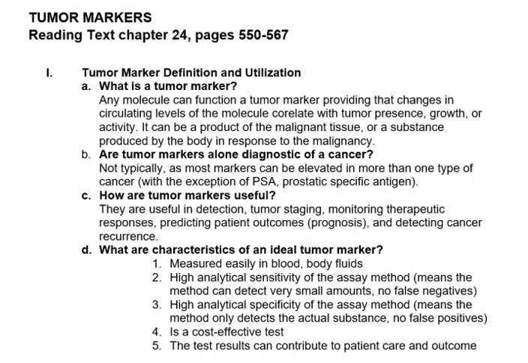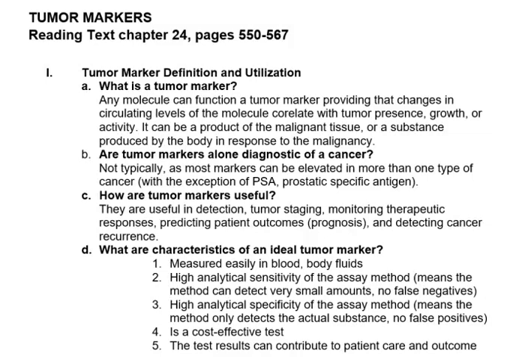So what are the characteristics of an ideal tumor marker? These are very similar to the characteristics in the supplemental video that's also posted in Moodle. Number one, you want something that is measured easily in either blood or body fluids. You want a high analytical sensitivity of the assay method.